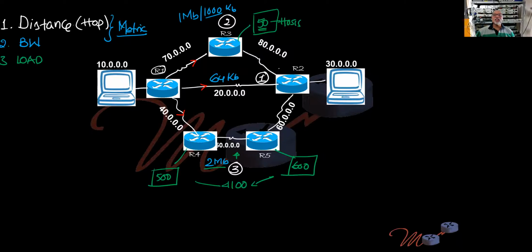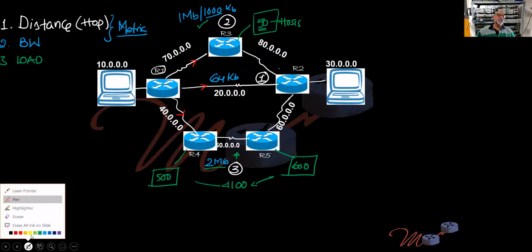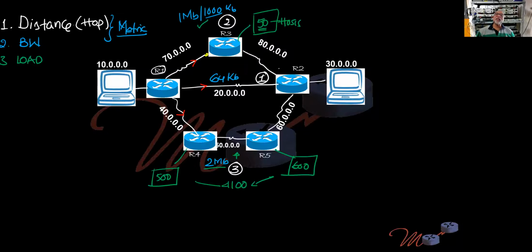So 2 Mbps is best, but if I take load on the network into consideration, I have a different path. Now, looking at all these things, if I feel this is the best path, imagine this particular link keeps failing all the time. There is something wrong with that link. It keeps getting disturbed. So there is no reliability.